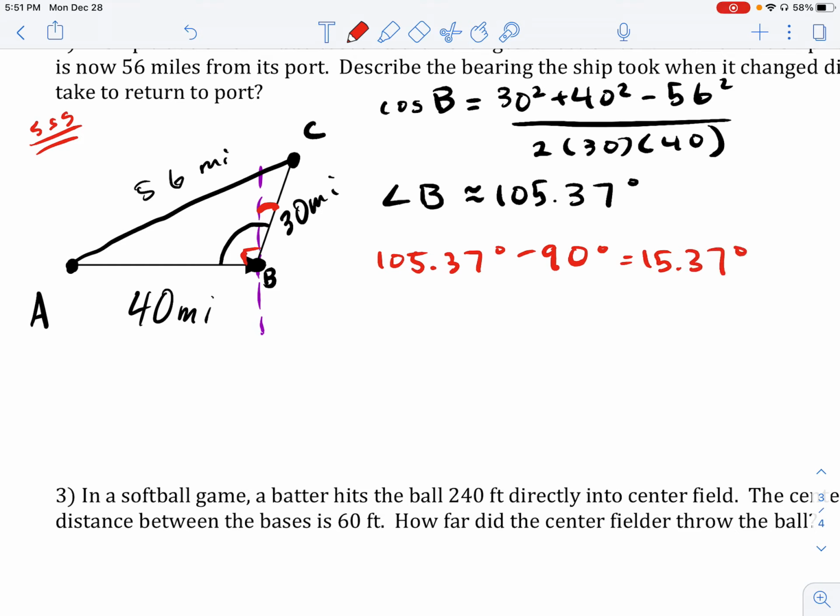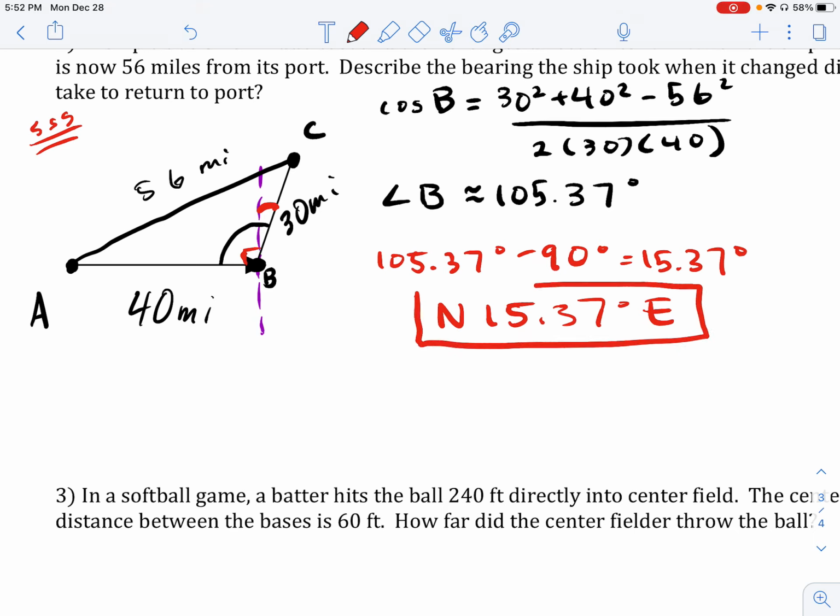So the bearing is approximately north 15.37 degrees east. That would be the bearing that the ship took when it changed directions. Okay, so that gives me this angle there.